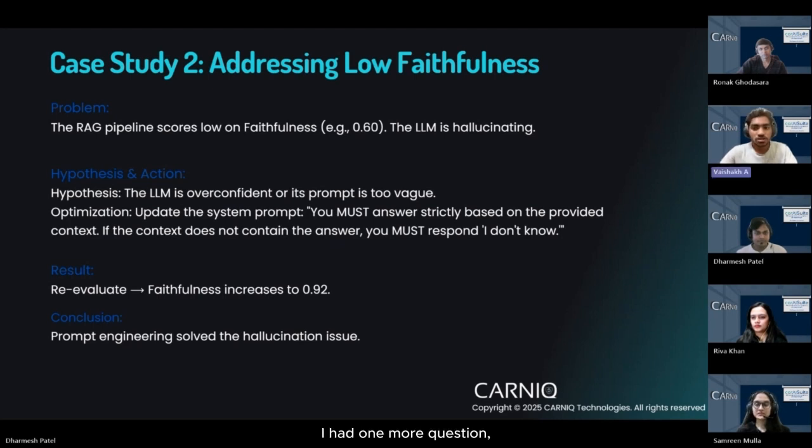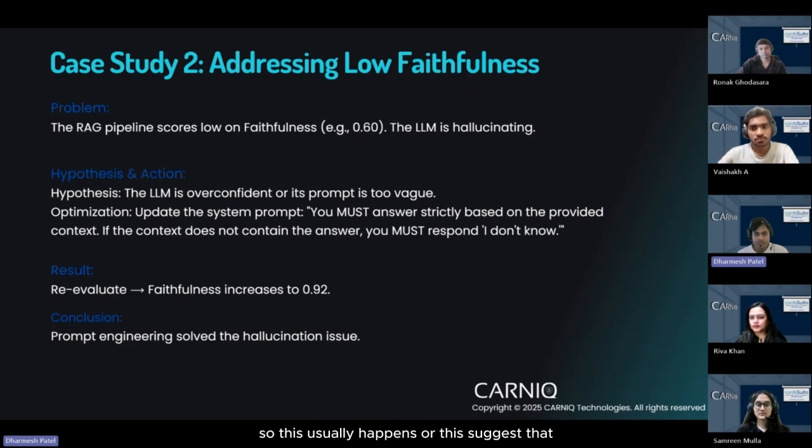I had one more question. What should I do if my context recall score is high, but my faithfulness score is low? If we think of our analogy, this means that your librarian is finding the right information, which is the high recall, but your AI is still making things up or giving you incorrect answers, which means low faithfulness.